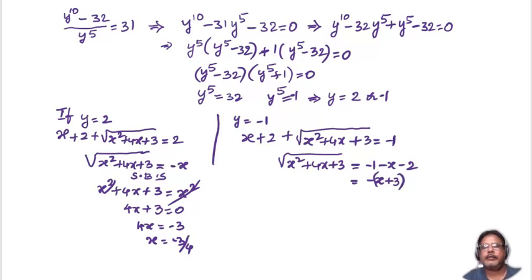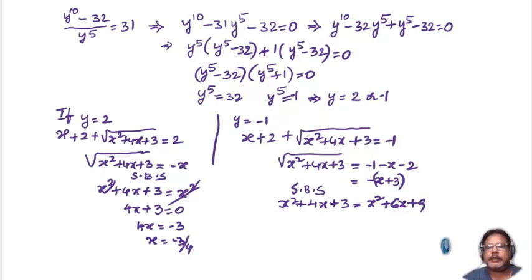Now squaring on both sides, so you'll get x square plus 4x plus 3 is equal to x square plus 6x plus 9.